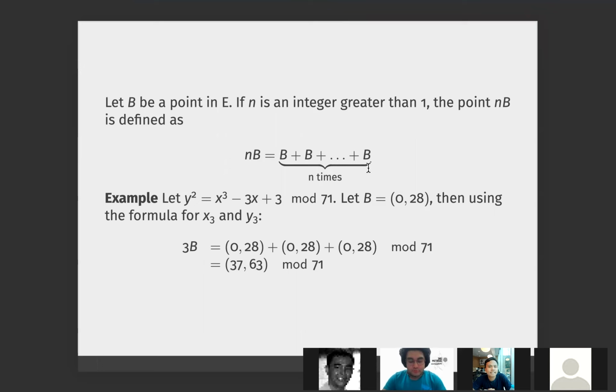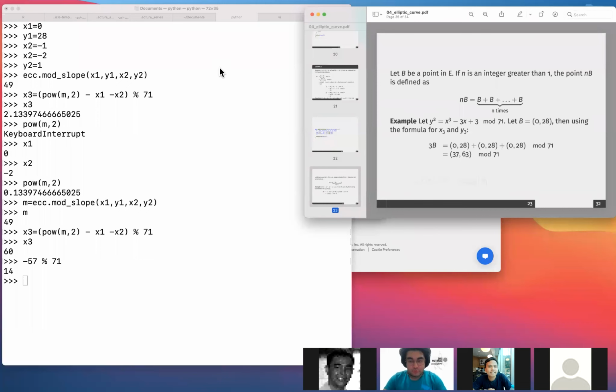That's the definition. We can actually program that here. Let me show you.